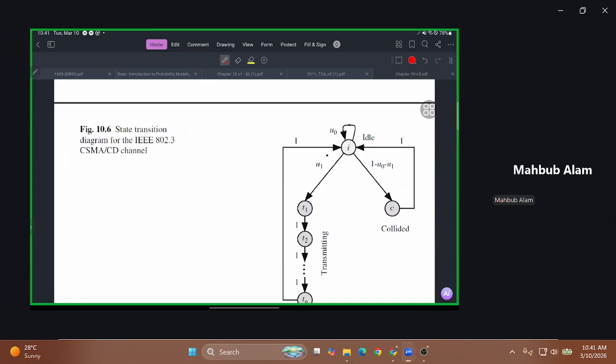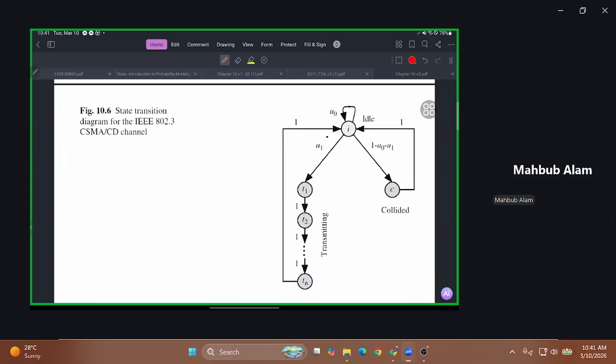We can have a collision state where two or more stations collided, and we can have a transmission state T1 where a station attempted to transmit. Now for this attempt, we don't know yet whether a single station is transmitting, which will lead to T1, or whether two or more stations are transmitting, which will lead to C.